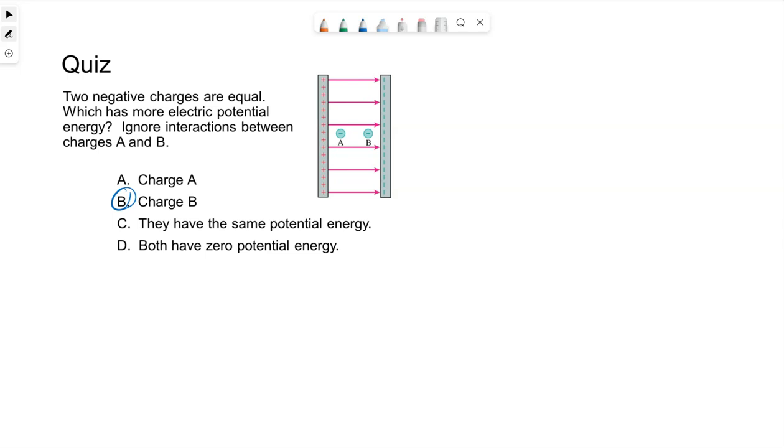Now, B is closer to the negative plate, but that's not the direction it will head. If they are both released from rest, they're negative, so they're going to be attracted to the positive plate and repelled by the negative plate. So B would be the one that has farther to travel. Therefore, it has more potential energy.